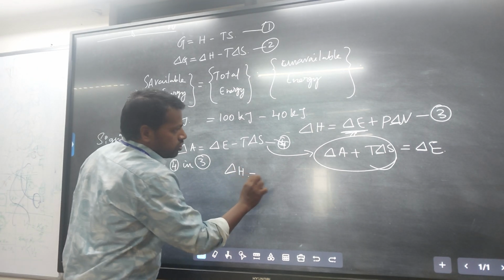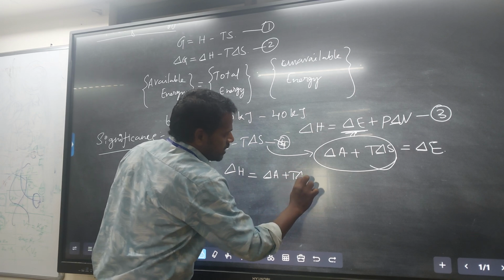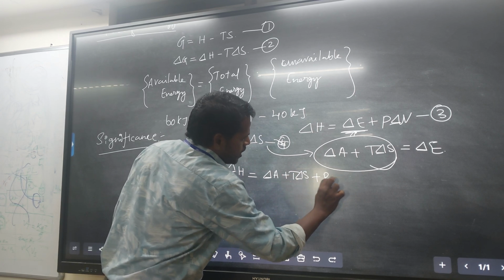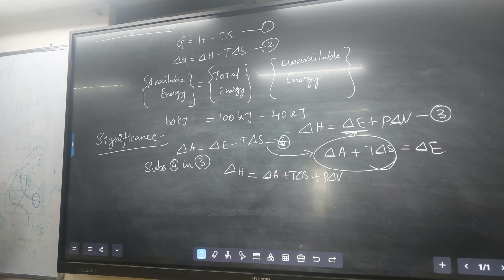Delta H equal to delta A plus T delta S plus P delta V. Right? Am I right or wrong?